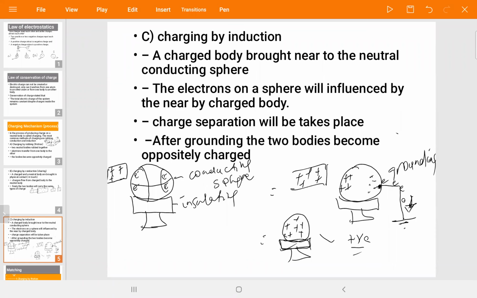For example, the rod is positive, then electrons will be attracted toward the positively charged rod, and after grounding, the charge will be redistributed.